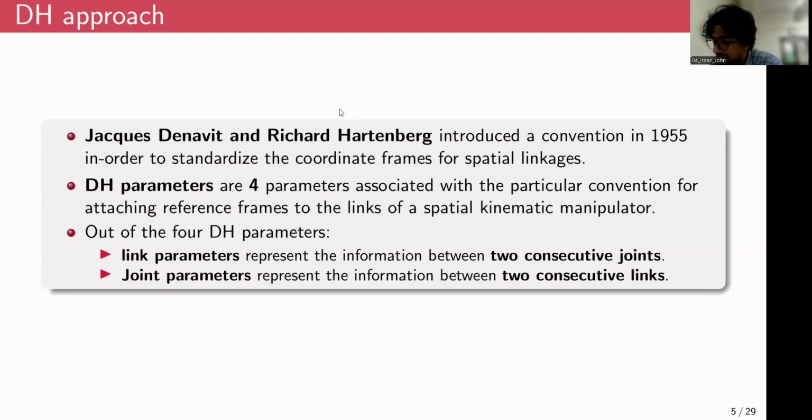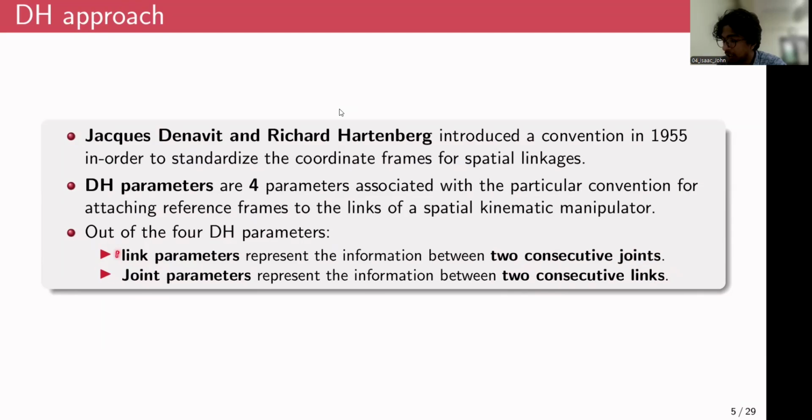This may probably seem a bit confusing at the beginning, right? We use link parameters to convey the information between two consecutive joints, and joint parameters to represent the information between two consecutive links. I hope as we go through this lecture, with some examples, the distinction between link parameters and joint parameters will become clearer.